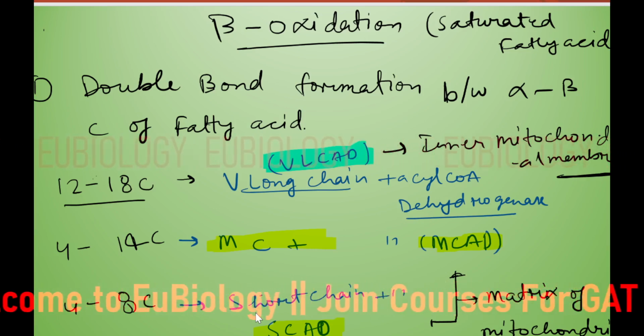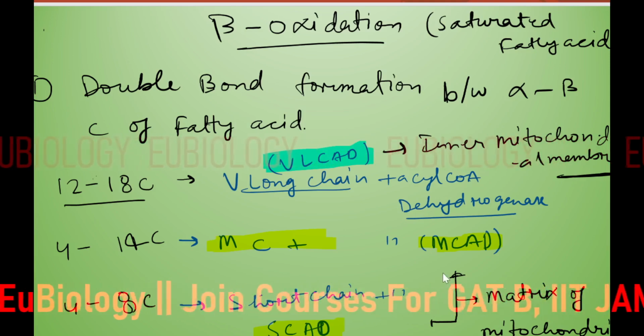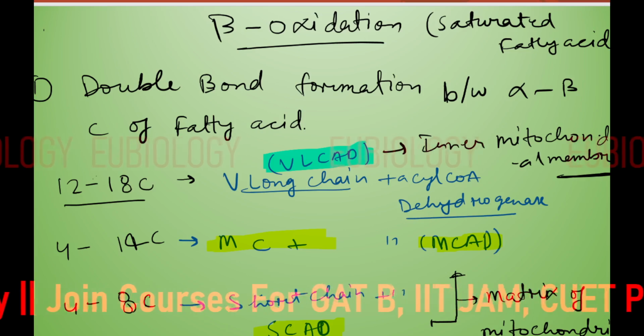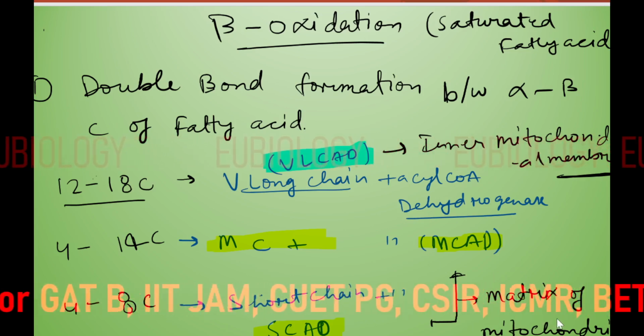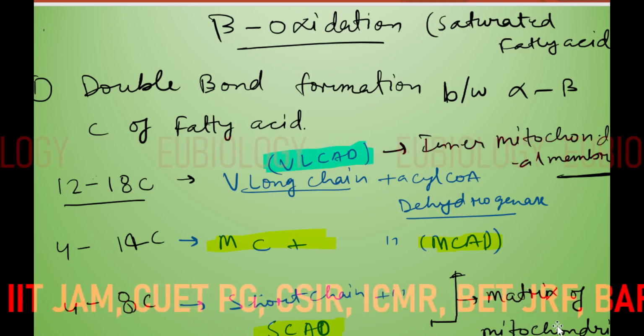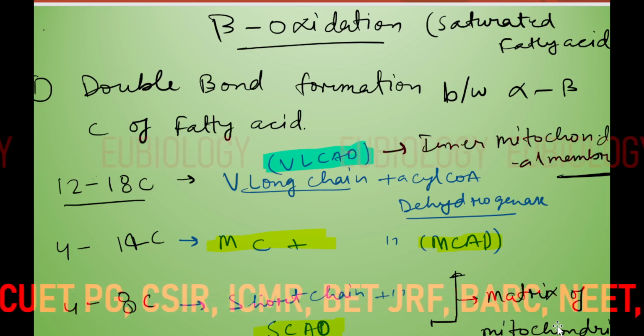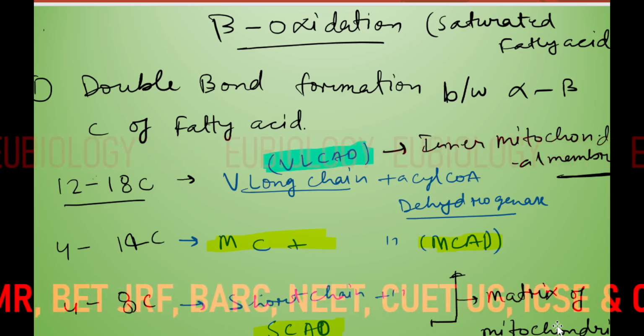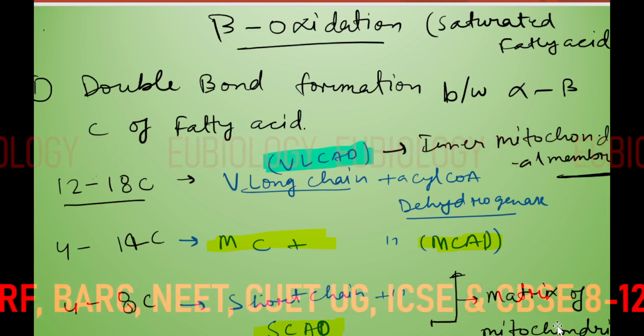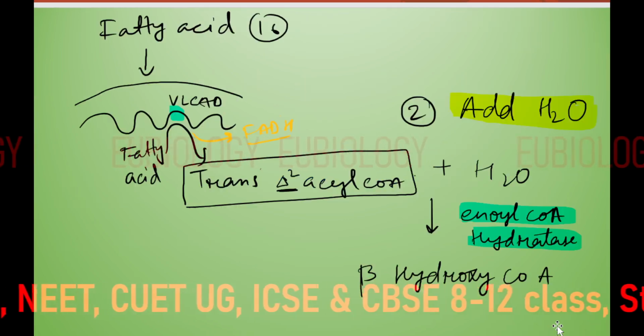The important thing is that MCAD and SCAD are present in the matrix of the mitochondria. This is the position of the enzymes. So VLCAD is present in the inner mitochondrial membrane, and MCAD and SCAD are in the matrix of the mitochondria.